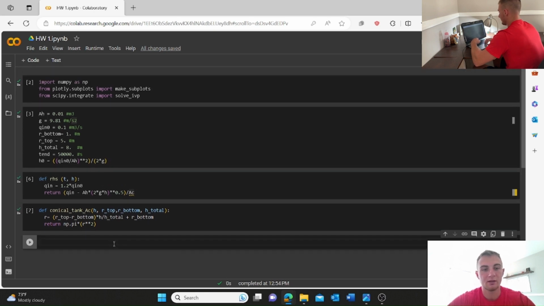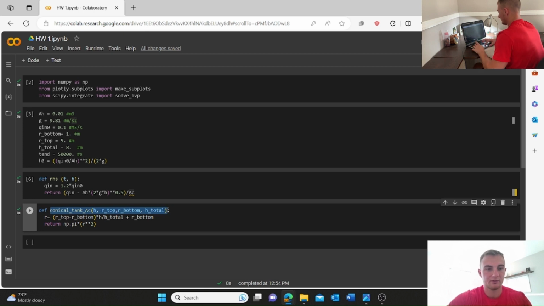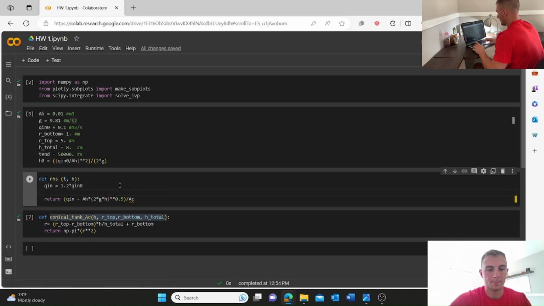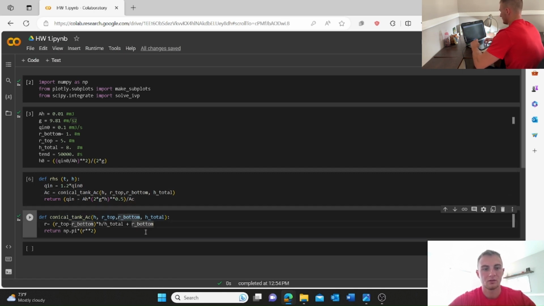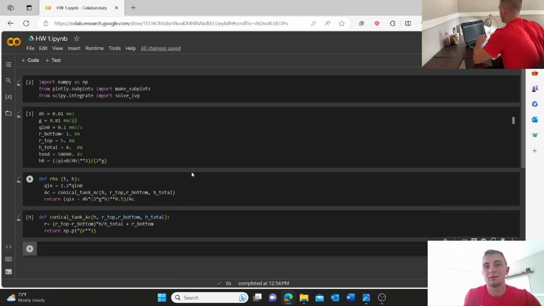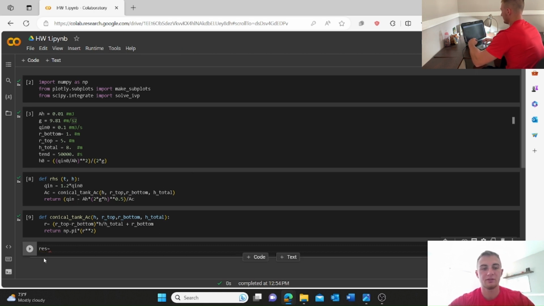So now that we have everything that we need, let me bring this up here. Just copy this, Control C, and set this equal to AC. Okay, and run this. And now we can go ahead and set up to solve our initial value problem. So I'm going ahead and capturing the result by setting this equal to res.